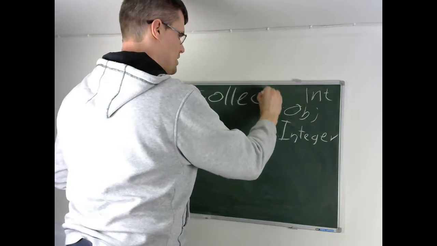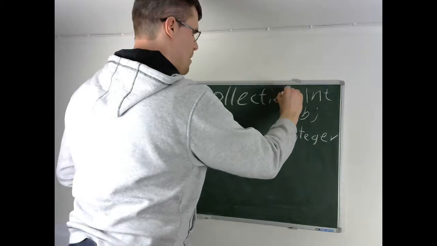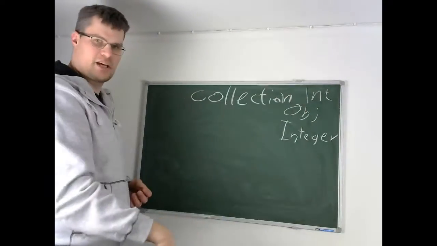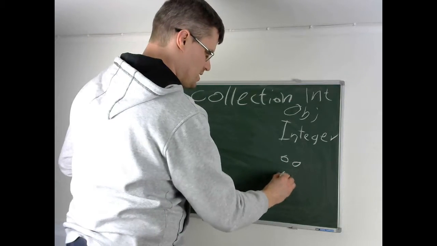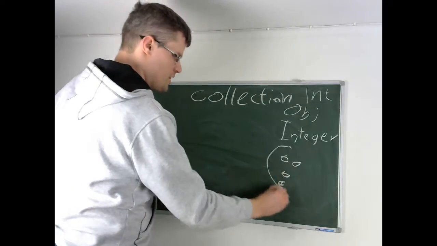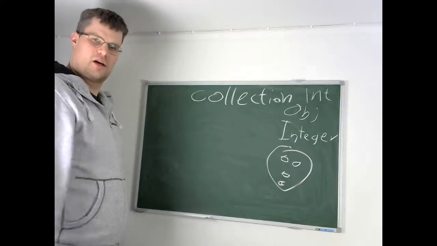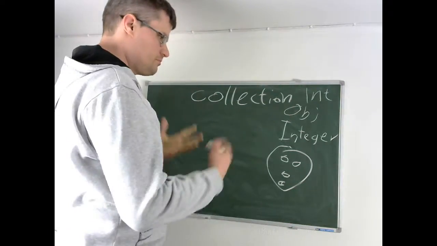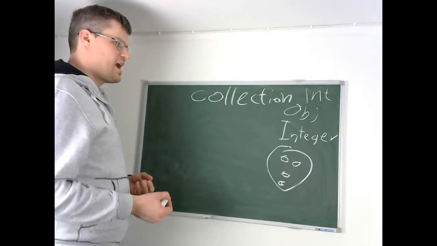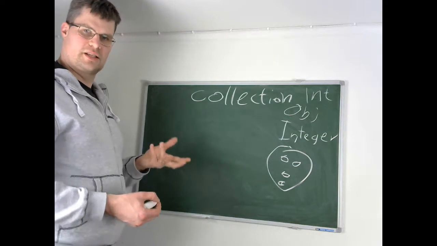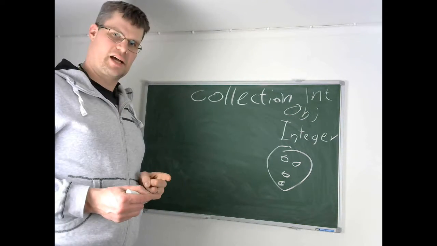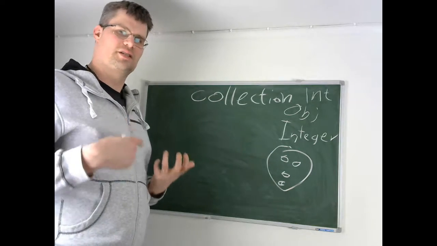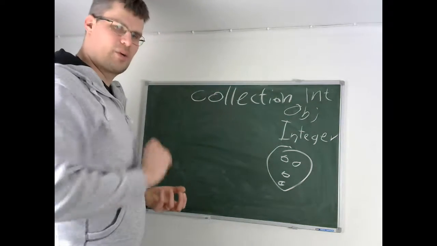So a collection is a bunch of data. Just a bunch of data. So if we have a few integers here, these are a part of a collection. Simple as that. And one of these kind of data structures, which isn't actually a part of the interface collection, is the array.